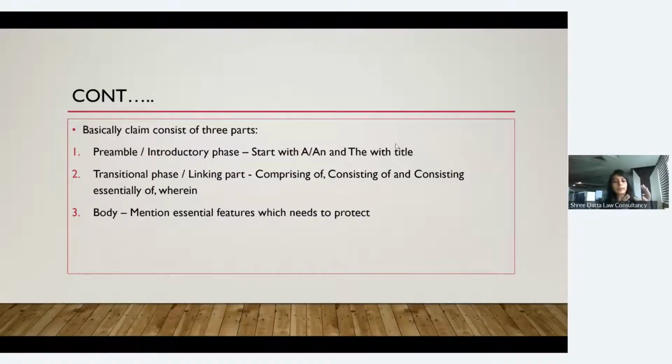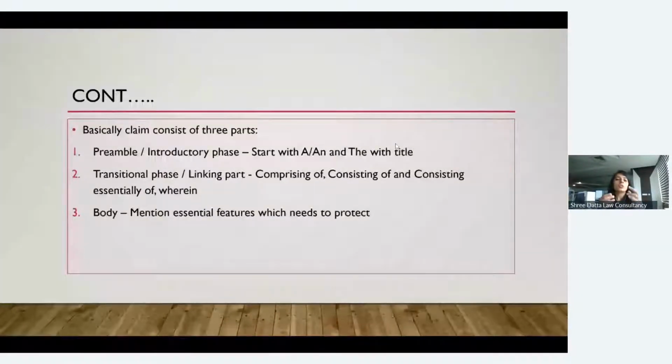If you are using the word comprising, that means if in your invention A, B, C, 3 components are there, and we are using the transitional phrase comprising of, then that represents A, B, and C, and other than that may be a D or E, because comprising of is the open-ended or broad term. Then second is consisting of, that is the narrow or close-ended term.